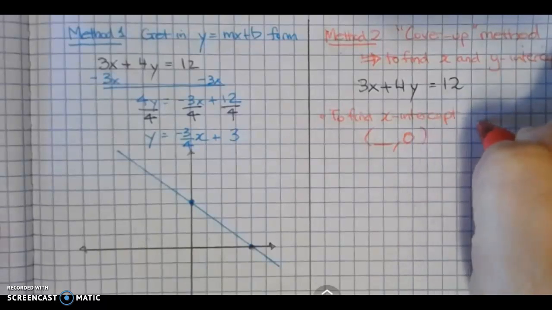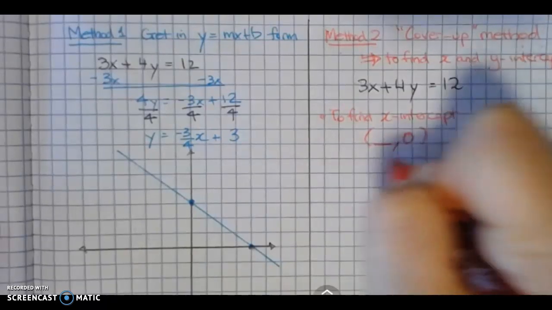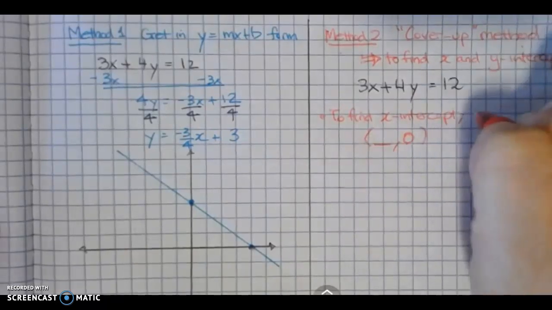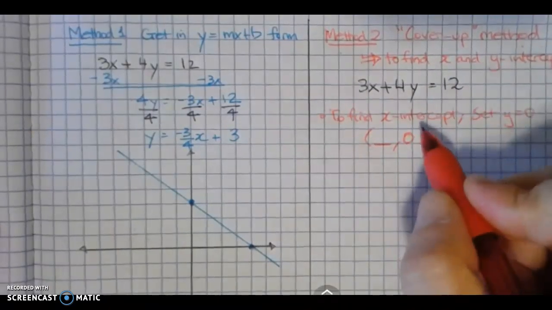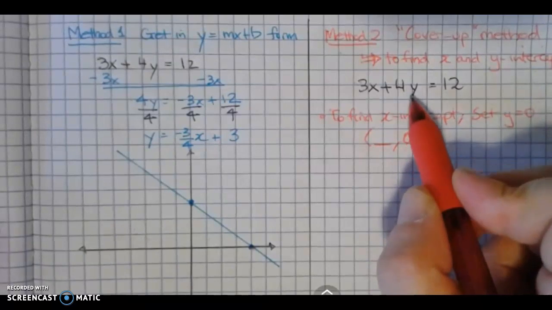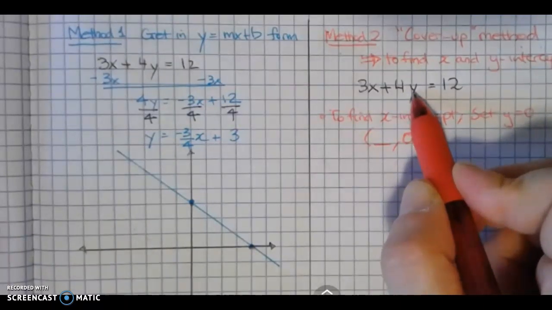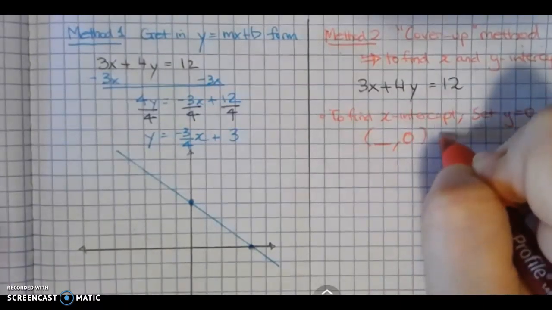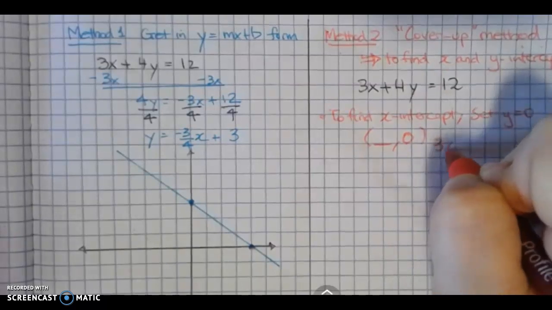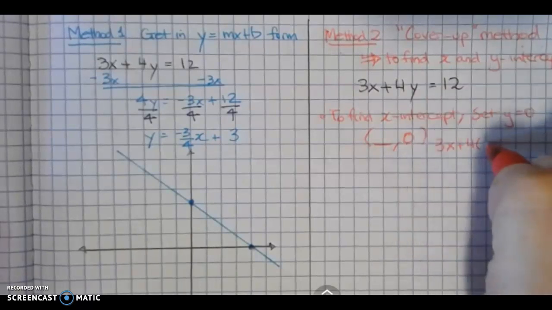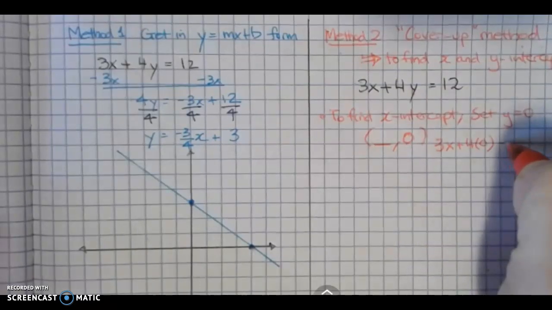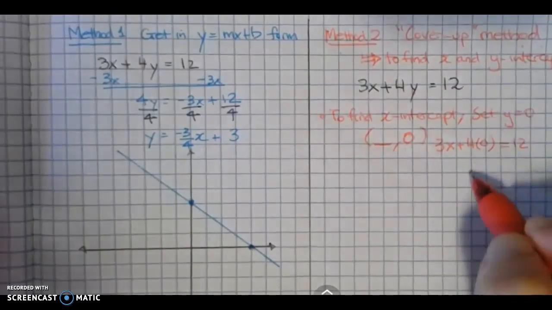So we set y to be 0 in the equation. The equation becomes 3x plus 4 times, instead of writing y, I am going to put 0, is equal to 12.